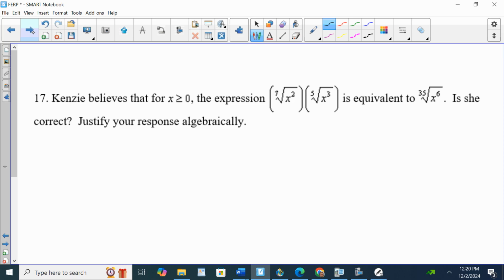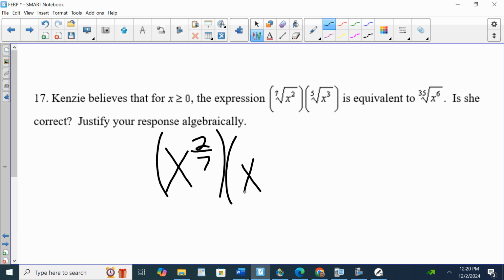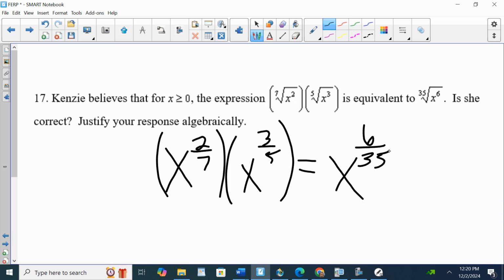Radicals are fractional exponents. I write all the radicals as a fractional exponent. Power over the root. It wants to know if that's equal to power over the root. Get rid of parentheses. I'm good. Negative exponents are fractions. I'm good. Clean it up, MD.